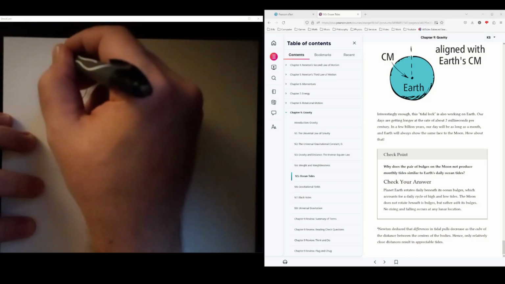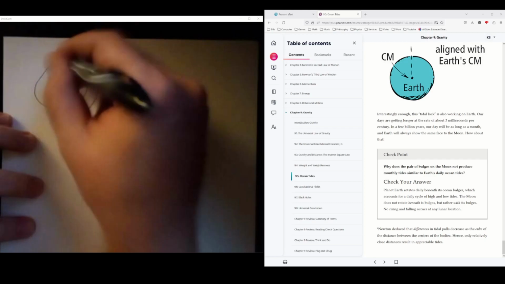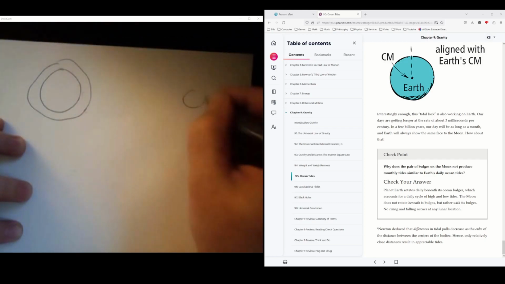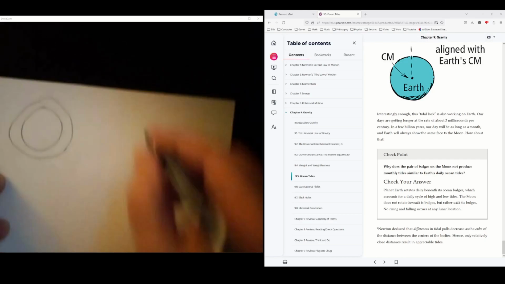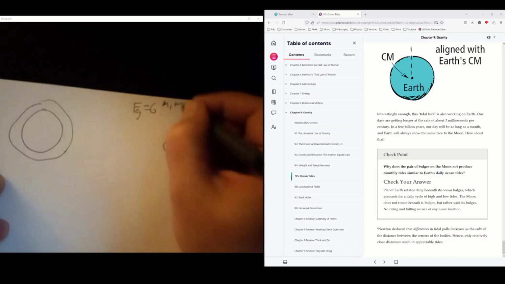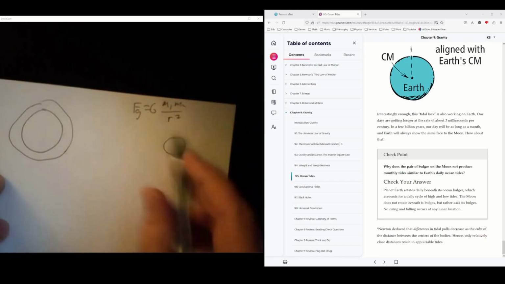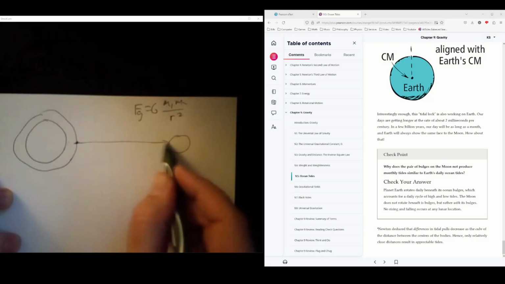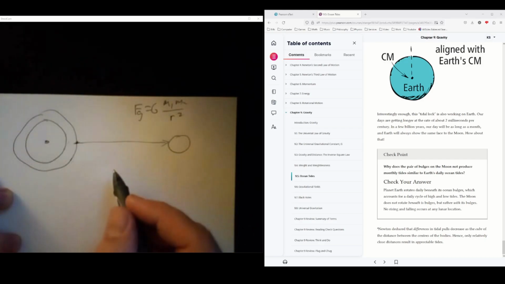The book is saying that here's the Earth, here's the water around the Earth, and here's the moon. And because the force of gravity is dependent upon distance, r squared, the ocean here is a little bit closer than the center of the Earth.